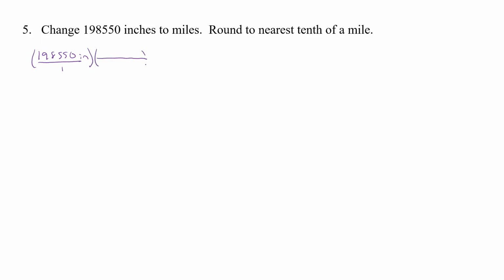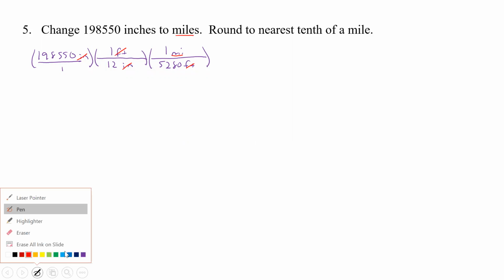Now we know that there's 12 inches in 1 foot. Then we know there's 5,280 feet in 1 mile. And so now what does that tell us? Well, we've gotten rid of inches, we've gotten rid of feet, and we're in miles, which is what we want to go to.